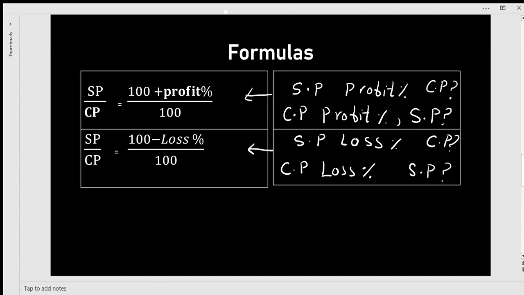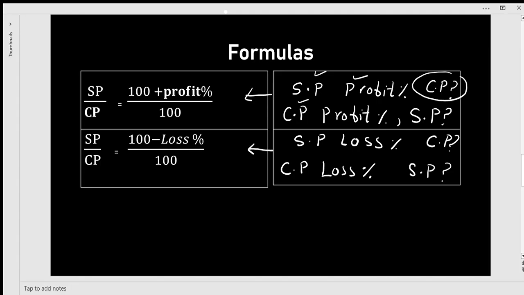So here the formula is very simple. SP upon CP is equal to 100 plus profit percent upon 100, and selling price upon CP is equal to 100 minus loss percentage upon 100. So when this and this is given, you can find this.